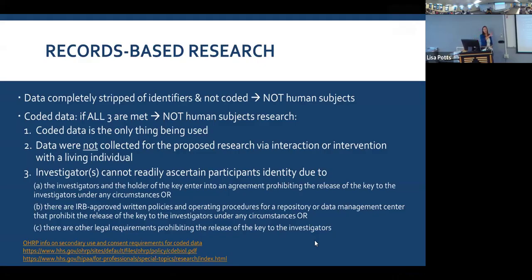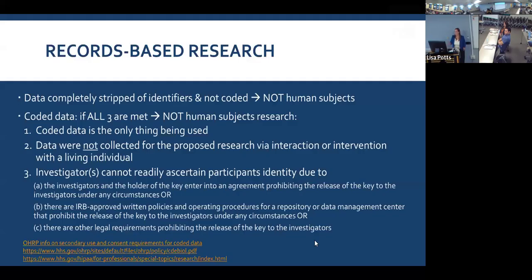We have a separate form for this. So if you or your students are doing records-based research, a lot of times referred to as archival research, then if that's the only thing they're doing, they don't need to fill out our proposal submission form. A lot of times there might be a project that has multiple components where you're still doing human subjects research and you need to fill out the proposal form and the records-based research.